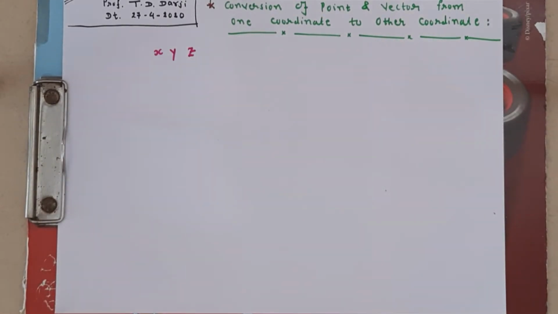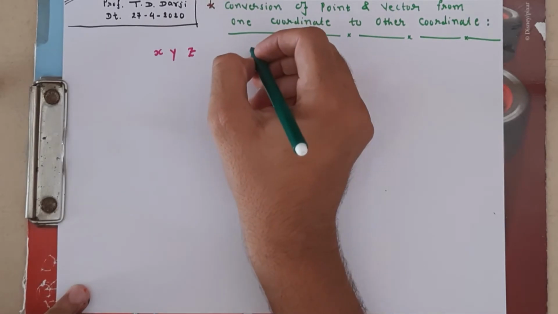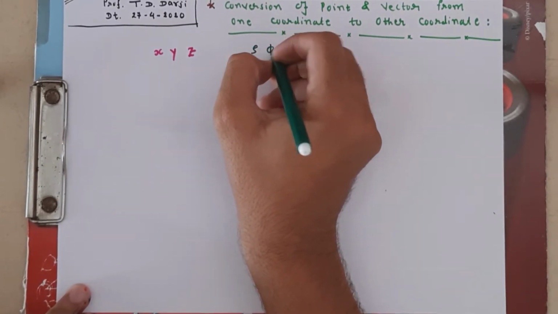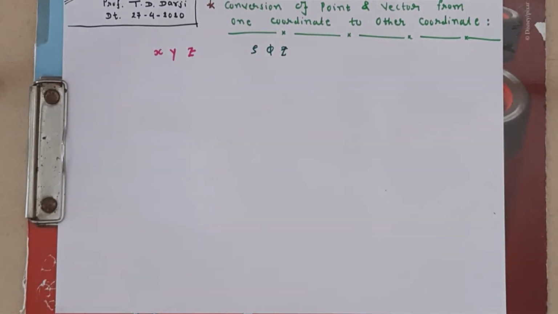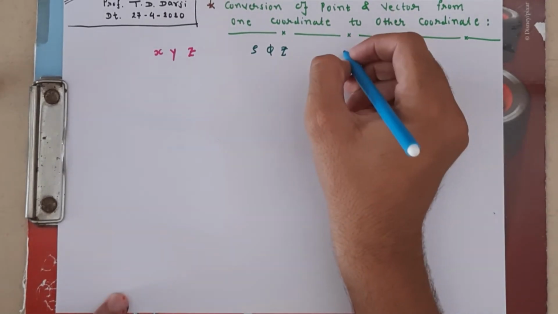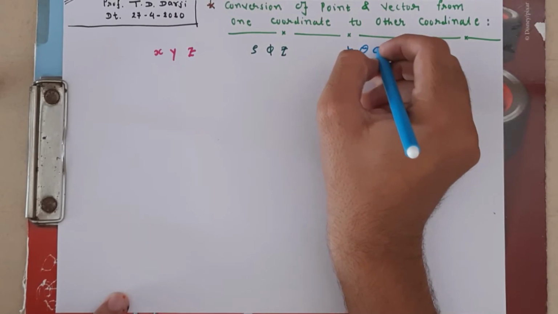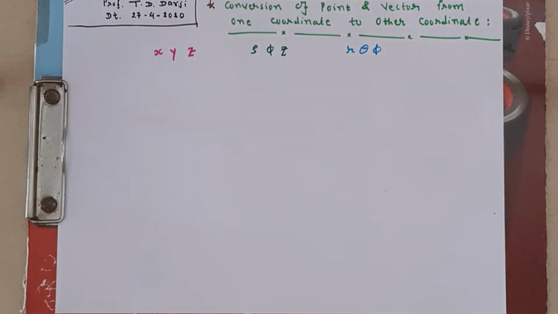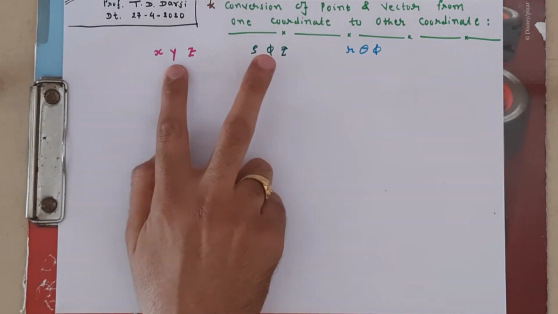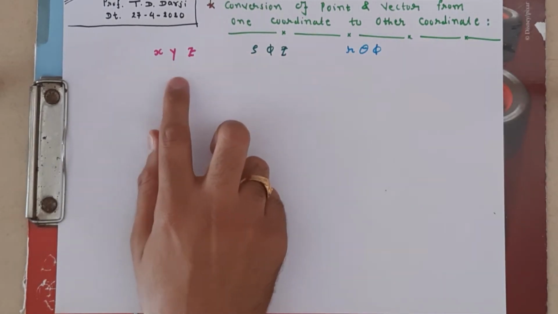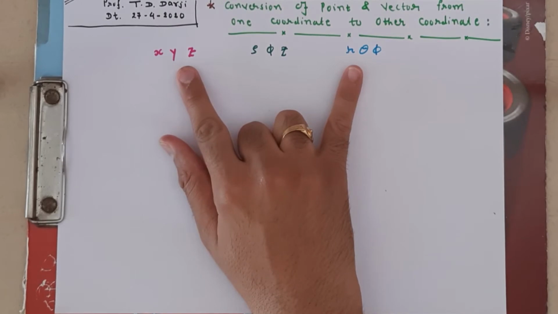Next is the cylindrical coordinate system, represented using rho, phi, z. And the third is the spherical coordinate system, which is r, theta and phi. Now we have to derive a relationship between Cartesian to cylindrical and Cartesian to spherical coordinate systems.